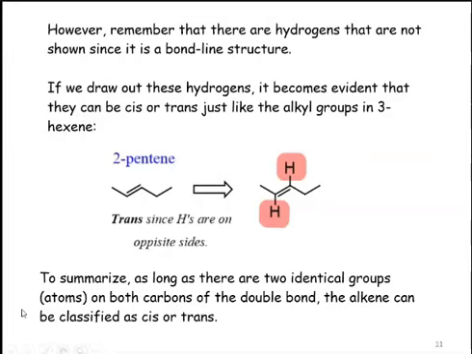So to summarize, we can say as long as there are two identical groups or two identical atoms lying on both carbons, on the same side of the carbon-carbon double bond, then the alkene can be easily classified either as cis or trans.